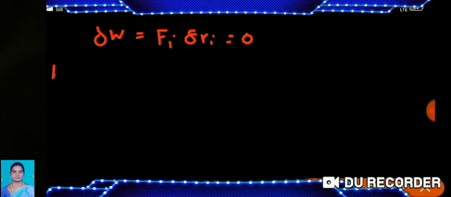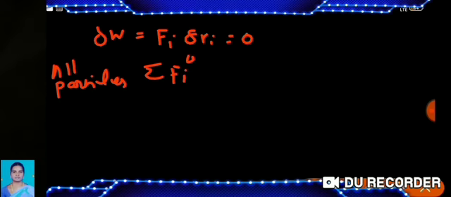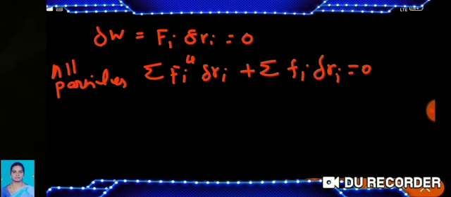For all the particles, virtual work done can be written as summation Fi^A, where A stands for applied forces, plus summation fi, the force due to constraint, del Ri is equal to 0. Now, here assume that the force due to constraint is 0.